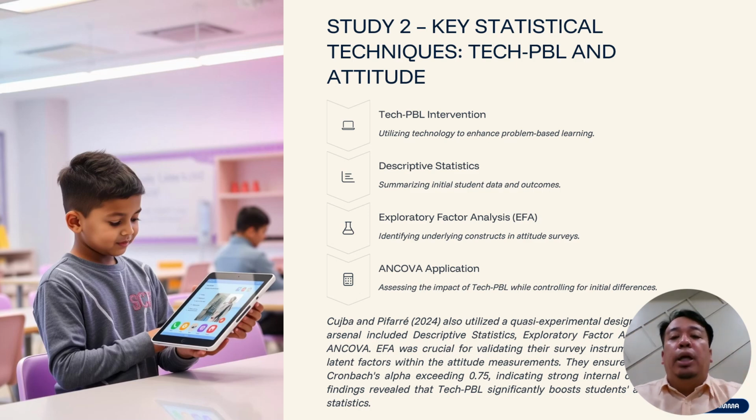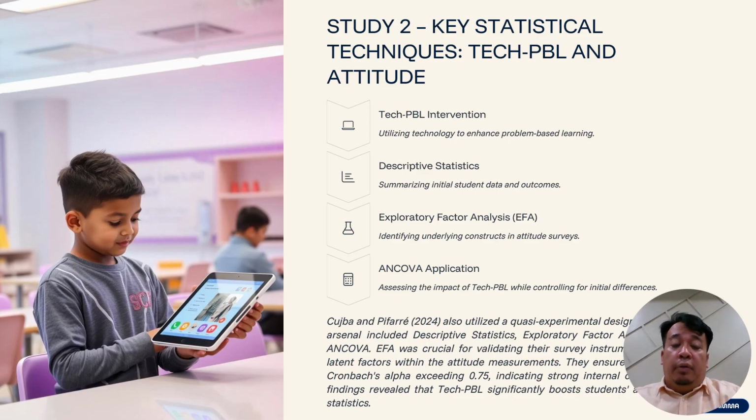The second study, by Chubja and Pifare, also used a quasi-experimental design, but added another layer of analysis by developing their own attitude measurement tools. To ensure the tools were valid and reliable, they used an exploratory factor analysis, or EFA. EFA helped identify patterns in survey responses and group related items together into factors, for example, anxiety, interest, or attitude towards learning with technology.